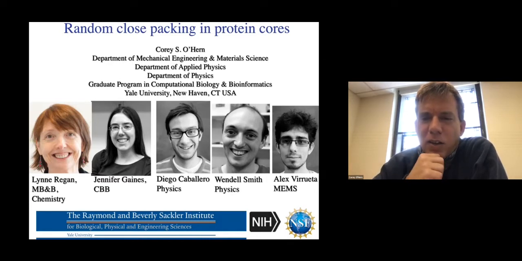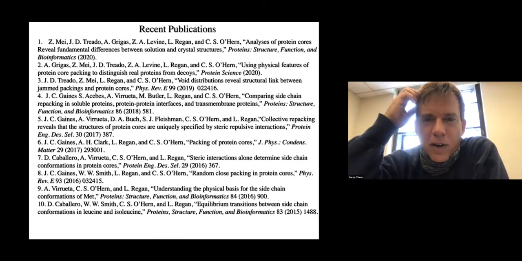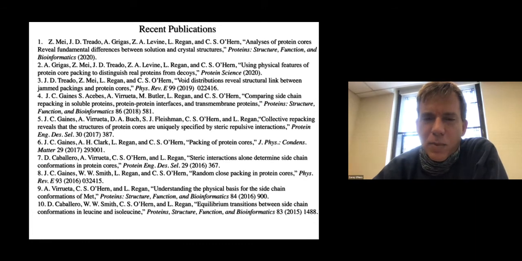And then these are 4 former graduate students that did a lot of this work. And they span physics, engineering, and computational biology. So I just include these papers in the notes so that if you want to read more on these topics, you can. So these are some of the papers that have come out on these topics about core packing, core repacking, things like that.